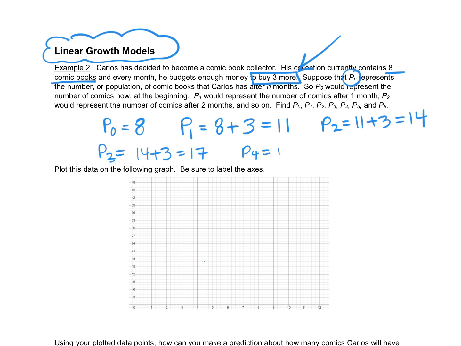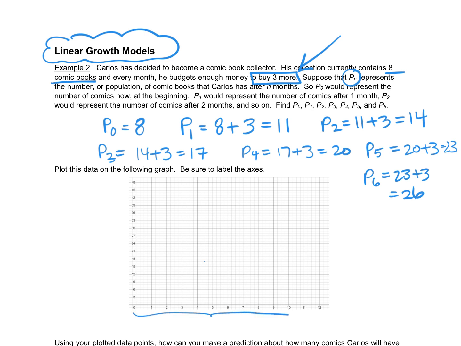We have P4, 17 plus 3 more, so we get 20. P5 would equal those 20 plus 3 more, and then P6, which is 23, would be 23 plus 3, which equals 26.